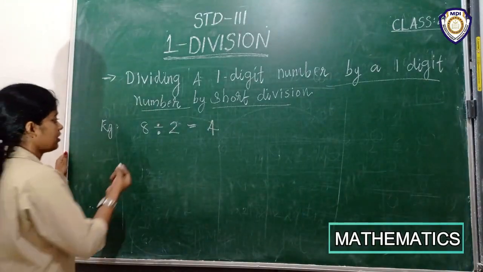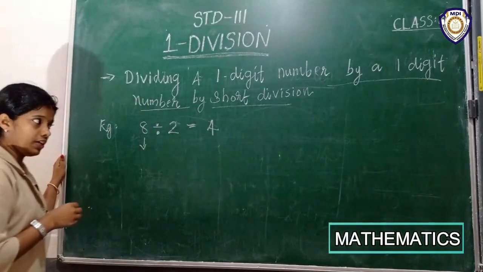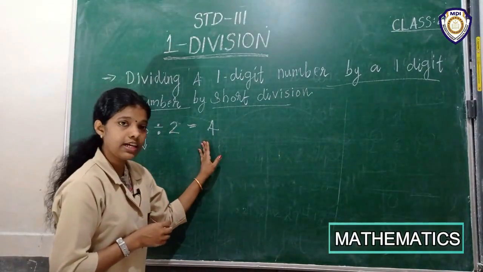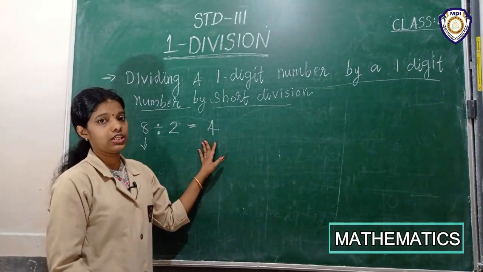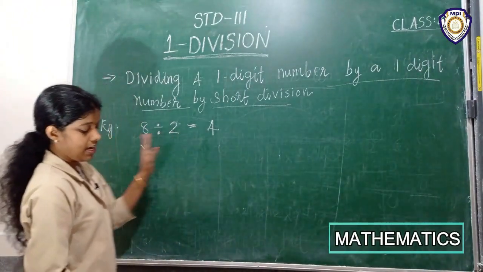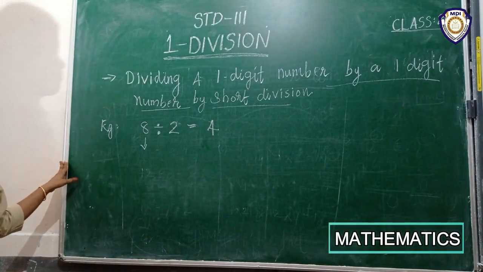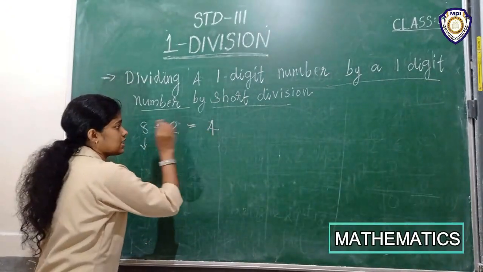Here 8 is the dividend, 2 is the divisor. We got the answer, the answer is 4. 4 is the quotient. 8 divided by 2, we got the answer 4.